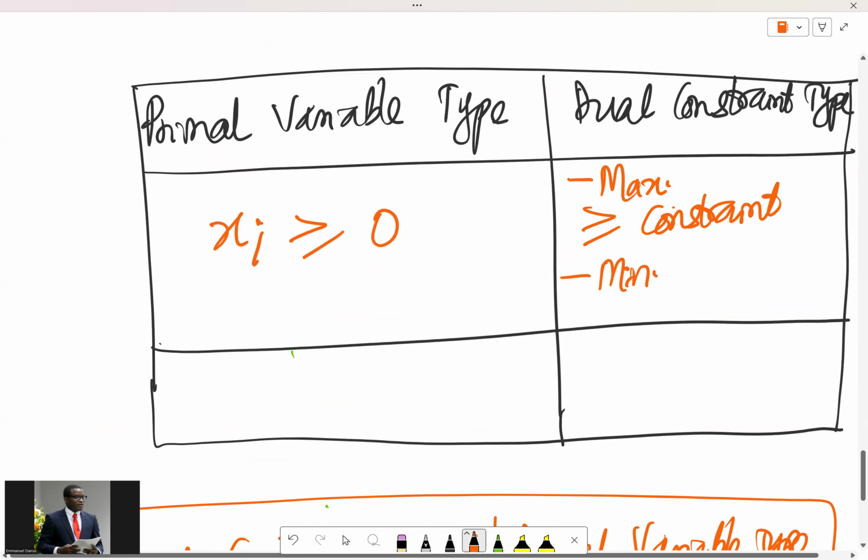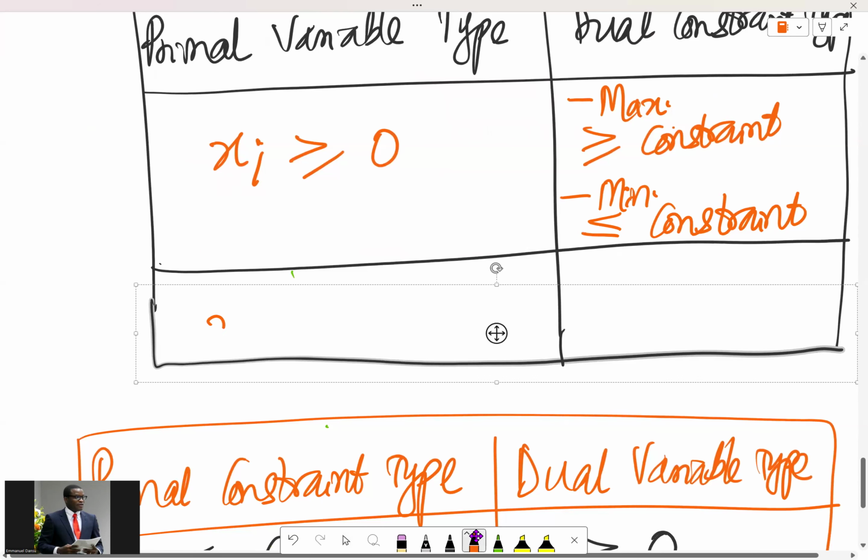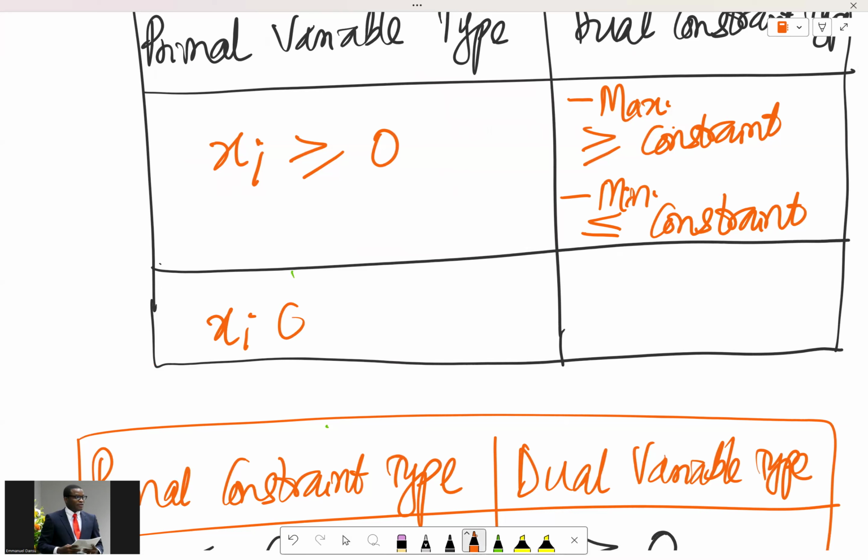The space is too small, so let me remove this and shift it down a little bit. For a minimization problem, we are going to have a less than or equal to constraint. And if the variable is free, that is xi belongs to the real numbers, meaning it can be positive or negative, then we are simply going to have an equality constraint. I think that summarizes it better.